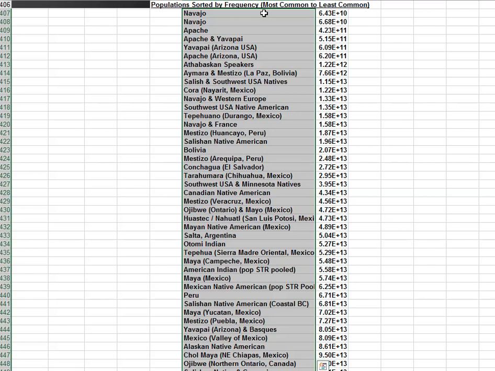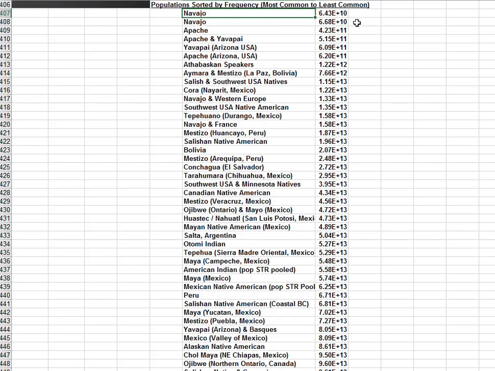Yes, 57 populations from the top. So the 57th population down from the top is Dogrib. So that's way on down there. Really far down there, especially when you look at the strength of matches of some of these other peoples here. The Cora of Mexico, Salish, Tepehuano from Durango.